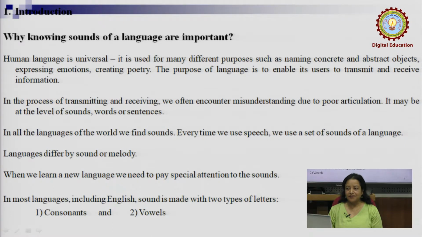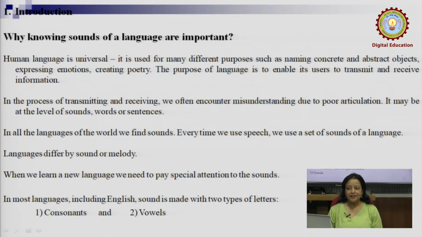The purpose of language is that it enables its users to transmit and receive information. In the process of transmitting and receiving, we often encounter misunderstanding due to poor articulation. It may be at the level of sounds, words or sentences.